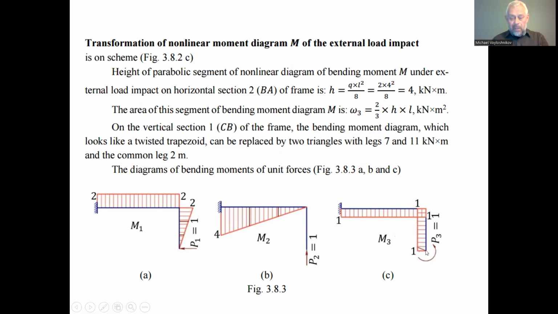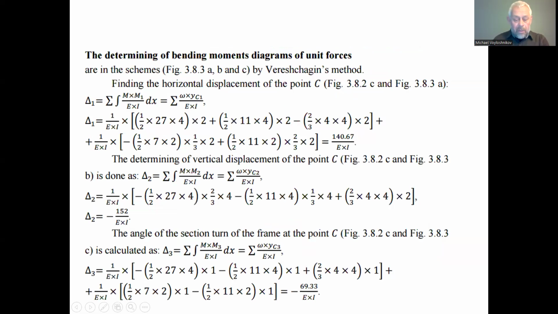The moment is a free vector, it can be applied to any point, independent of the location of the point of the section for the determination of the bending moment diagram magnitude. So we have everywhere only one ordinate of the bending moment diagram from the action of the unit bending moment applied to the point C.